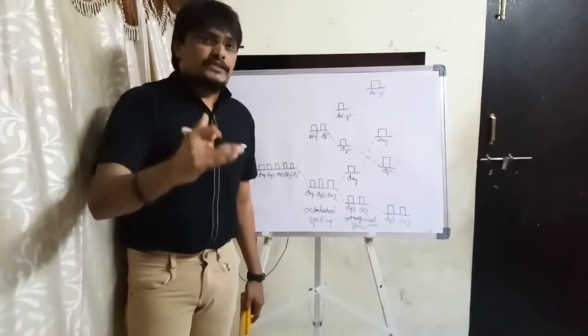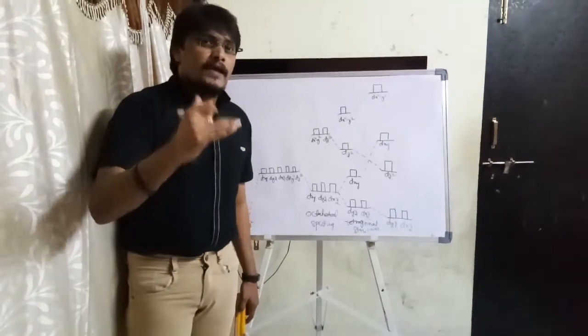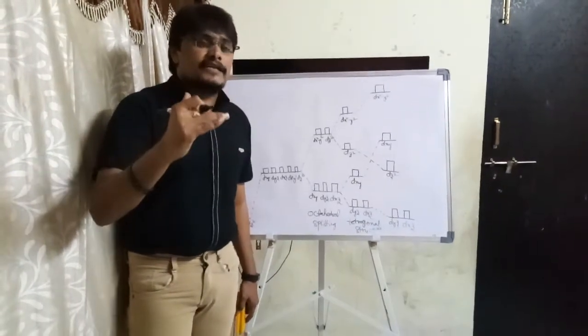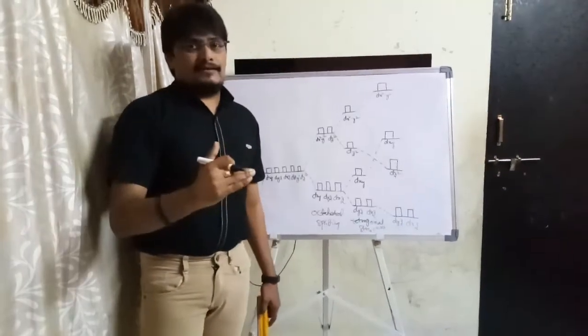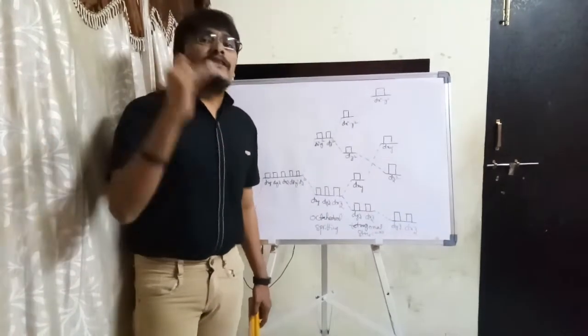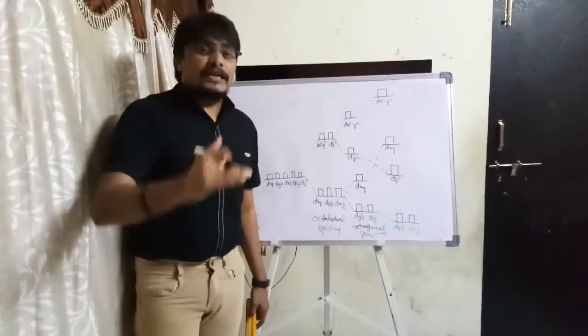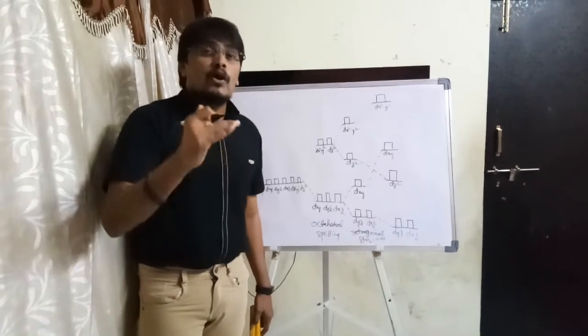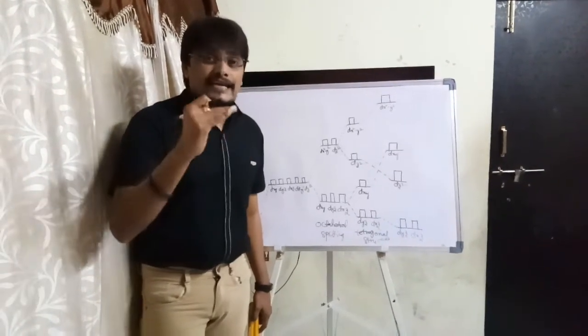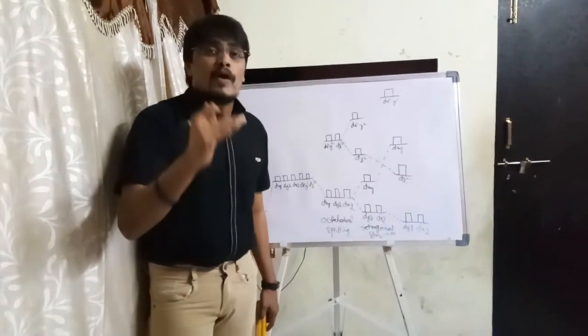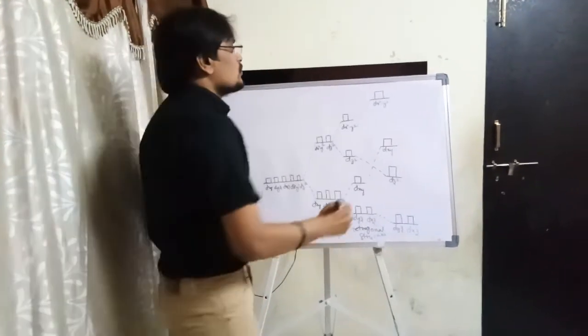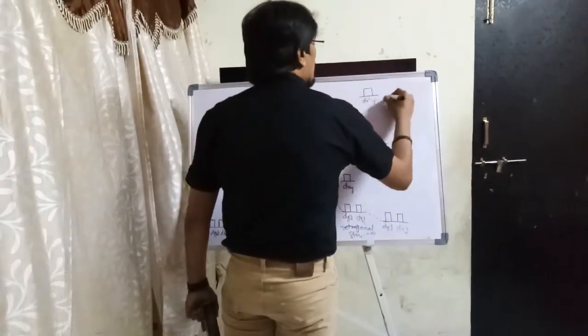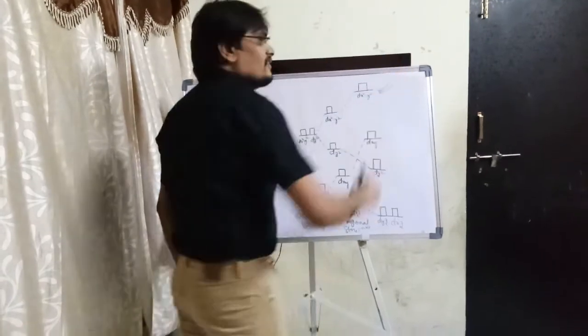And as the repulsion is directly proportional to energy, it will occupy the highest energy level. And what is that d orbital among all the 5 d orbitals in which the electrons are sitting along the x and y axis? That is dx square minus y square. So that is the reason it is occupying the highest energy level.